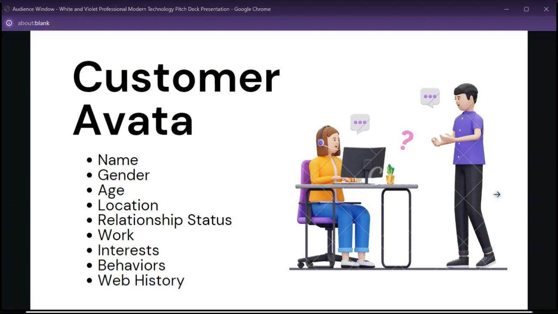Now, in terms of this very avatar, to get the avatar done, you have to put yourself in your customer's shoes, or in your audience's shoes. So if you want to sell a mirror, you should know that you are not blind, so you'll be able to use the mirror, right?